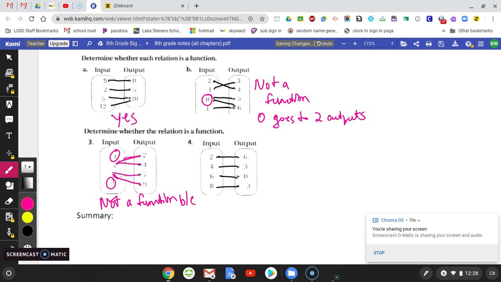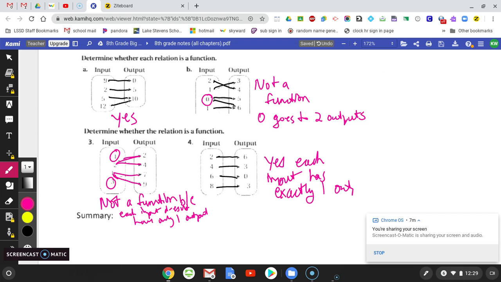So these 2 numbers do have 2 lines coming out of it. So each input doesn't have only one output. And on number 4, yes, it is a function. Each input has exactly one output. There's only one line coming out of each of the inputs to go to one output.